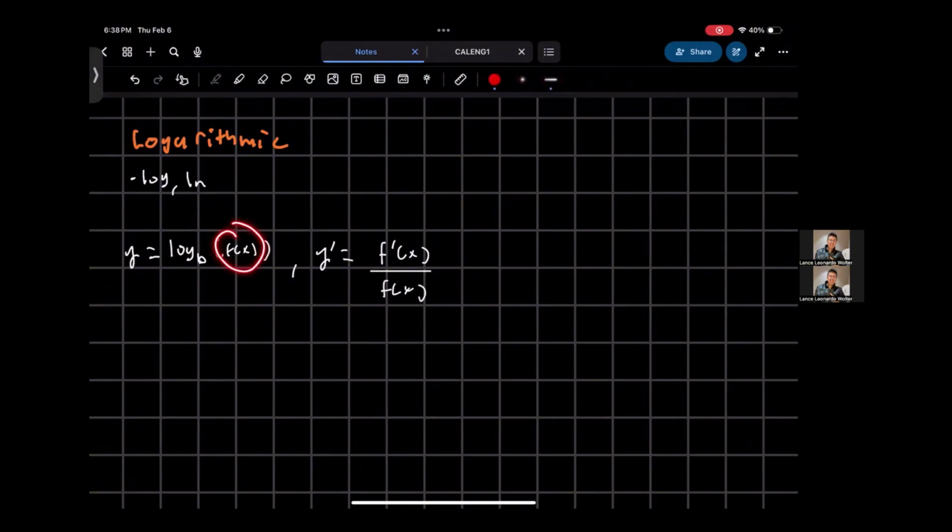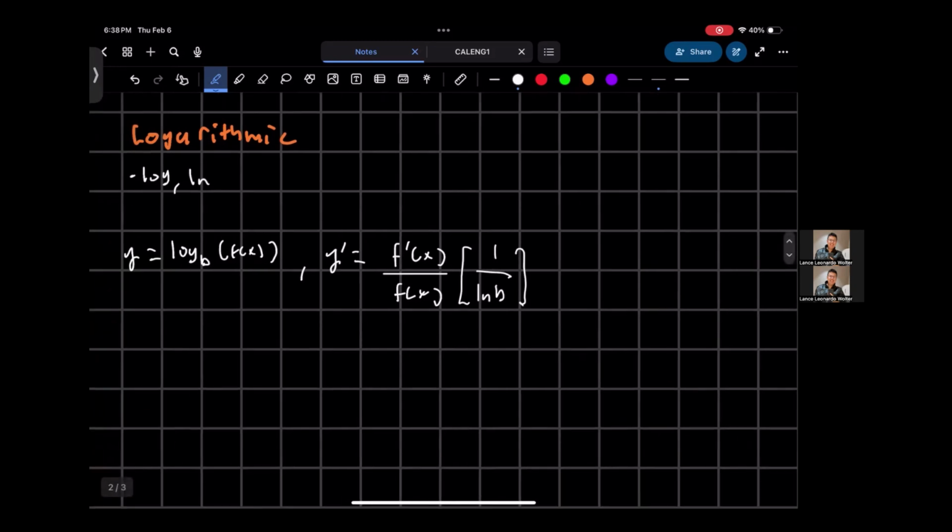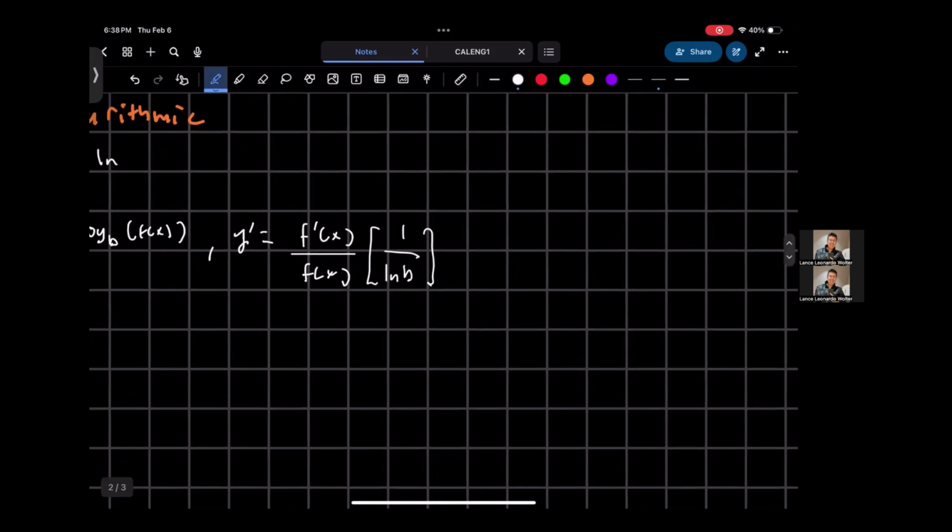So you just copy it. Then multiplied by 1 all over ln of the base. Okay, and our base here is the base of the logarithm. Now don't forget, if you have something like log times f of x and there's nothing that's written, that's just equal to 10. Okay, don't forget that.